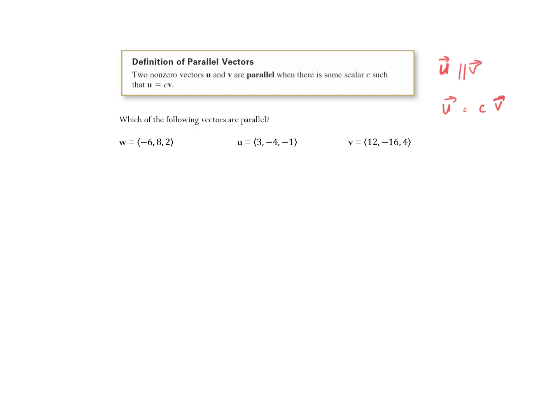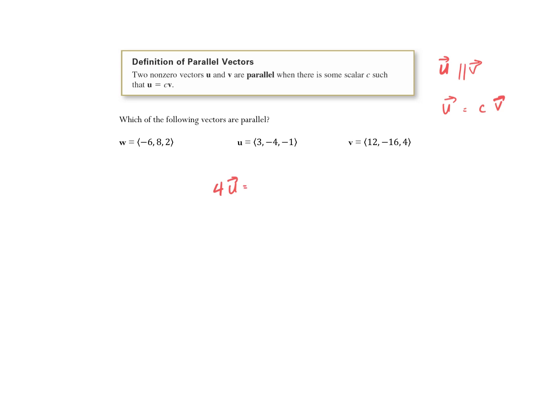So always the same number. For example, if I look at just u and v here, what would I need to do to the 3 to turn it into the 12? What would I need to multiply it by? 4.